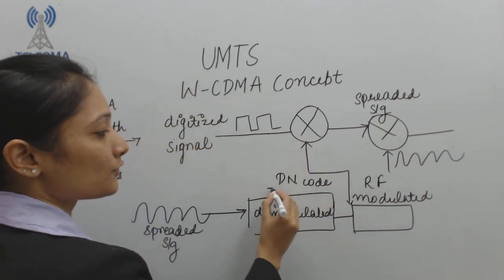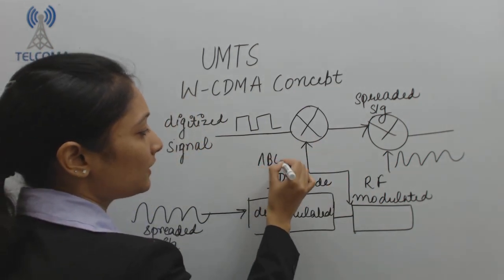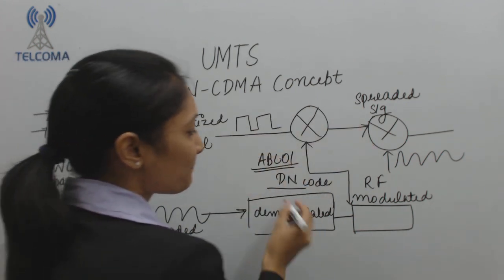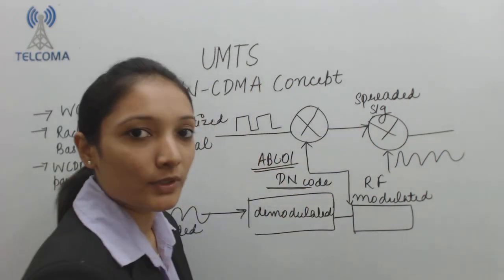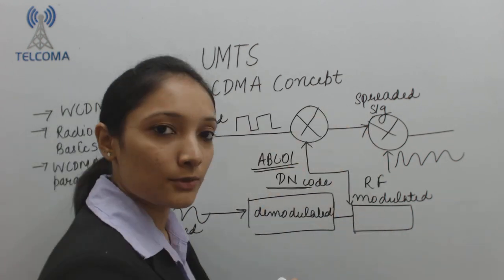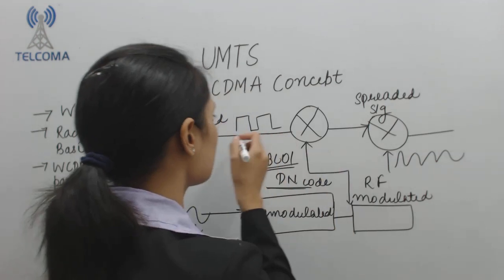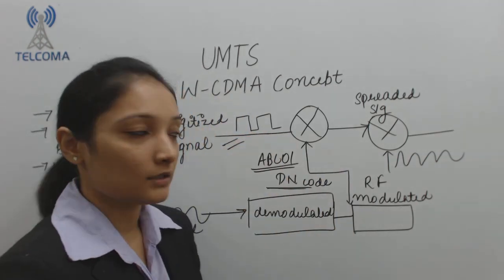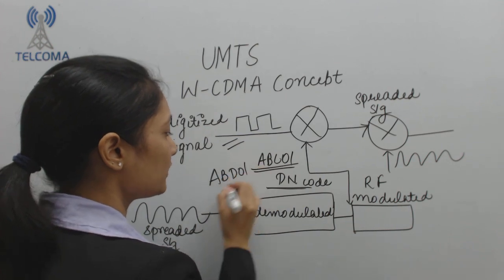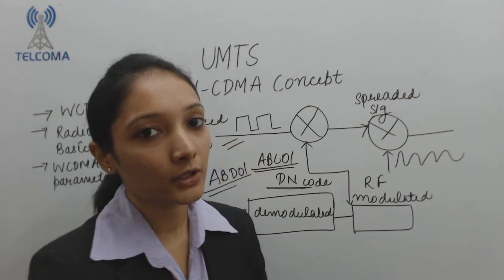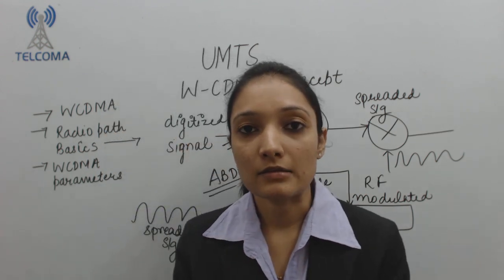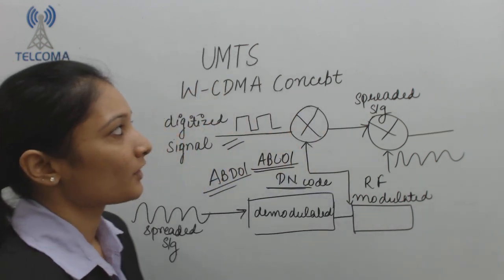This code was used, for example, this ABC01 code was used to spread the data, to encode the data. So what will happen at receiving side? The same code will be used here, and only then we can receive the correct information signal. If I will use another code like ABT01, it will reject this as noise. So this is the benefit of our CDMA systems, that it makes the system highly secured.